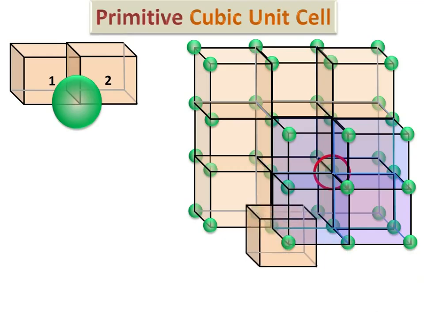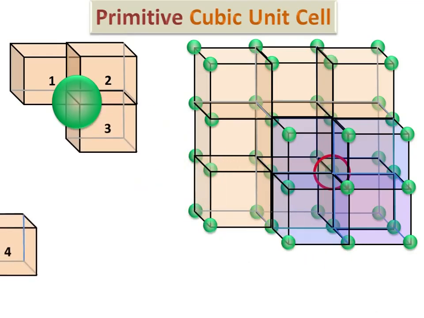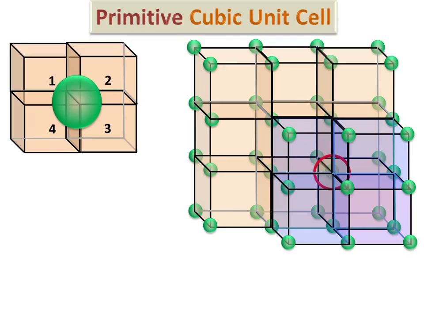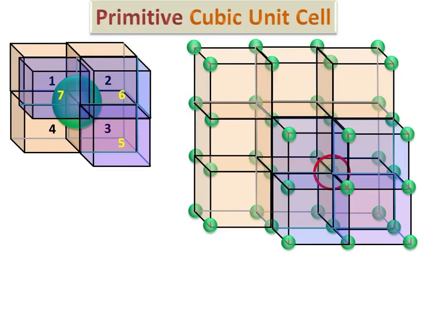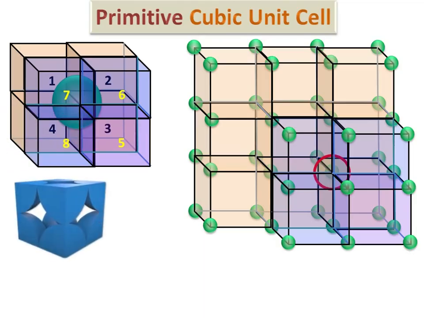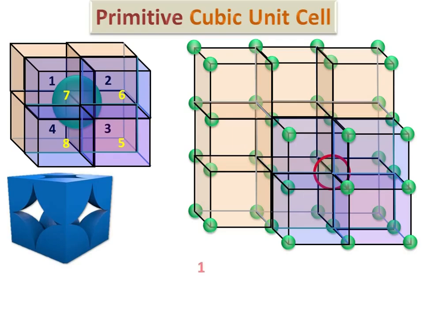Therefore, only 1/8 of an atom actually belongs to a particular unit cell. But each atom in the cubic unit cell is shared with 8 unit cells. So, we are multiplying 1/8 by 8.